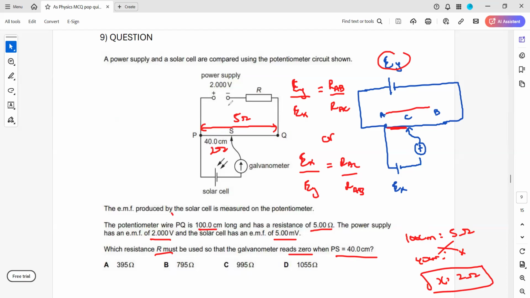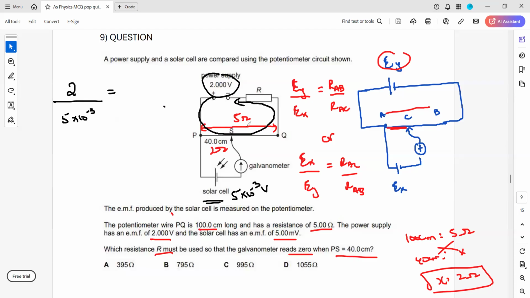So the ratio of the voltage and the ratio of the resistance will always be the same in a potentiometer. Let's say this is the voltage, 2.000 volts, divided by the resistance of this section. I can say the voltage of the solar cell, which is 5 milli, so it will be 5 into 10 to the power minus 3, equals the resistance of the section of the wire in which the power supply is connected.